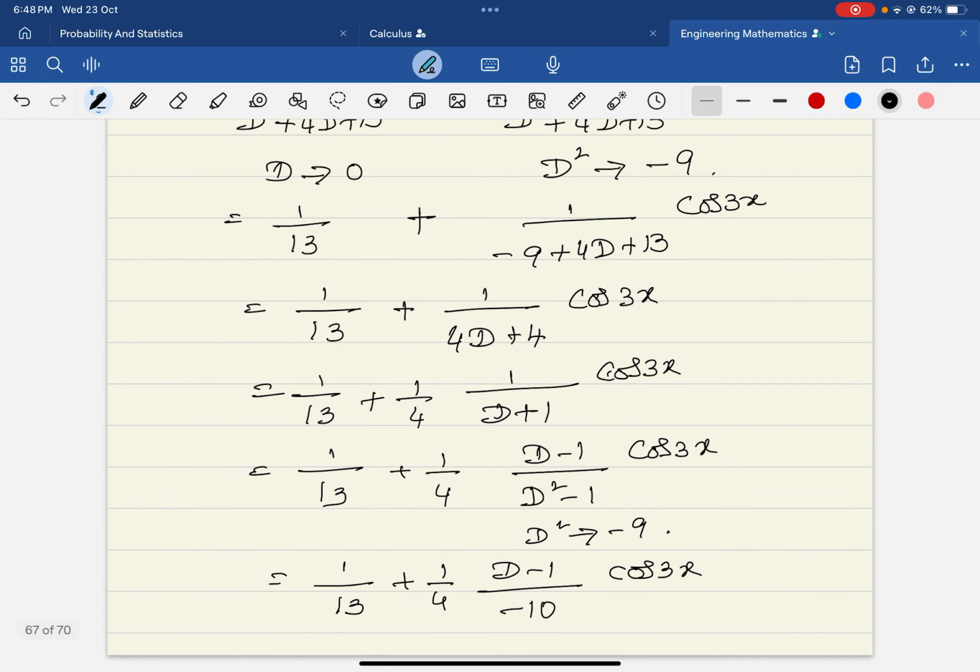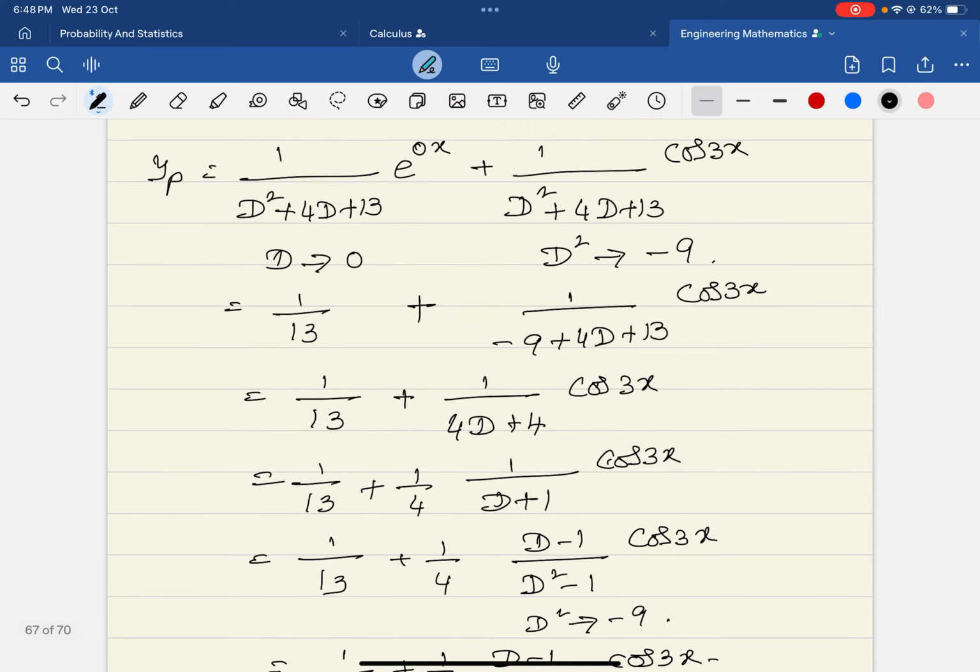Now what does it give you? It is equal to 1 over 13 minus 1 over 40 times d of cosine 3x, which is minus 3 sine 3x, and then minus cosine 3x. That's the solution. You can do the simplification, that is 3 by 40 sine 3x, and again 1 by 40 cosine 3x. That is the solution.